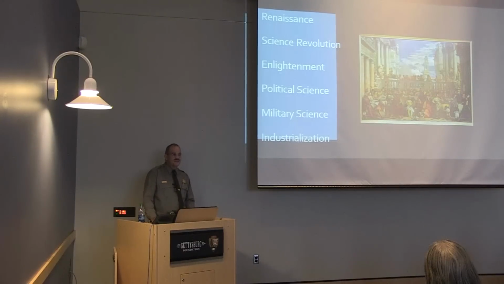This was an attempt to deliberately reject the superstition of the Middle Ages. Astrology was giving way to, let's scientifically explain what we see in the sky. So the Renaissance sparked that with its humanist movement, then the science revolution, then the Enlightenment.